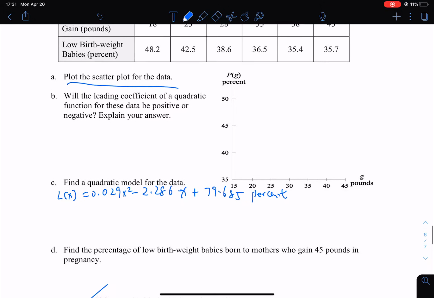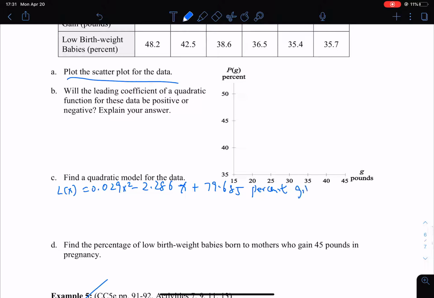So this one gives the description, where x is from 1 to 43.